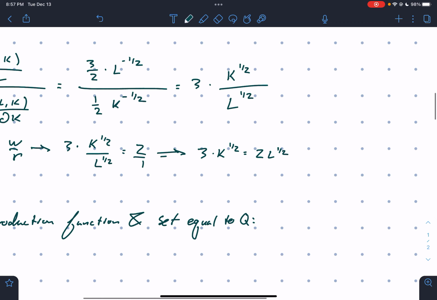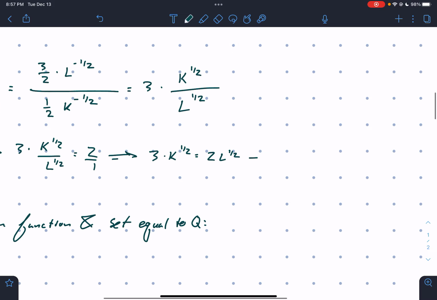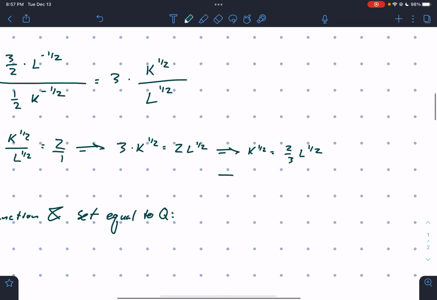Now finally, well, not finally, there's 2 more steps here. So I'm going to divide by 3, so I get K to the 1/2 is equal to 2/3 L to the 1/2. And now, finally, what I do is I can square both sides.